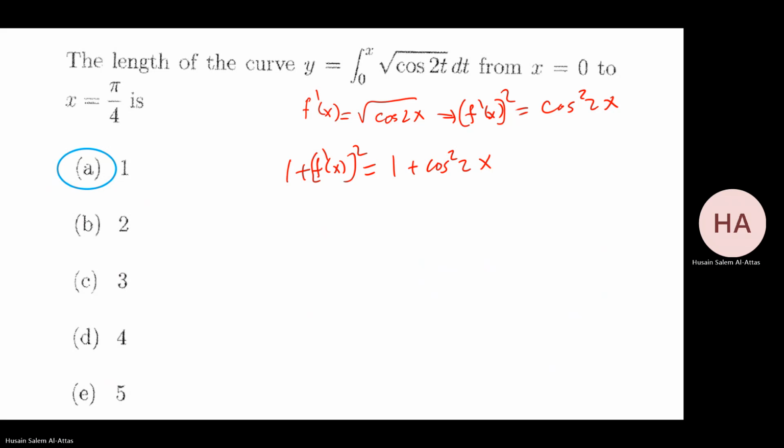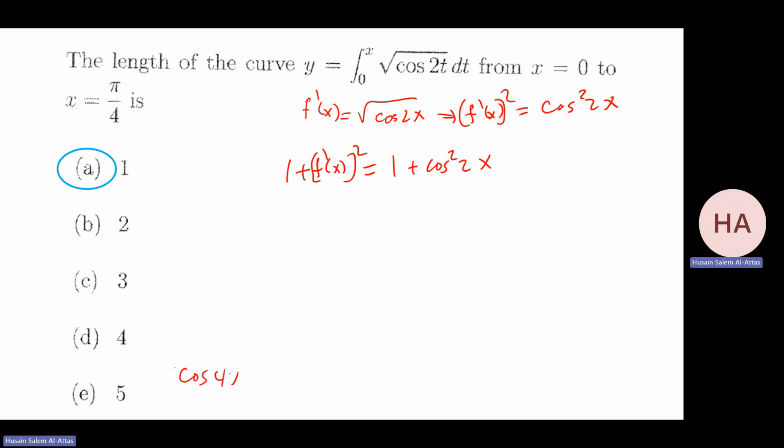Yeah. I know the double angle: cosine 2x is 2 cosine square x minus 1. So let me say it in other words. I need cosine square 2x.